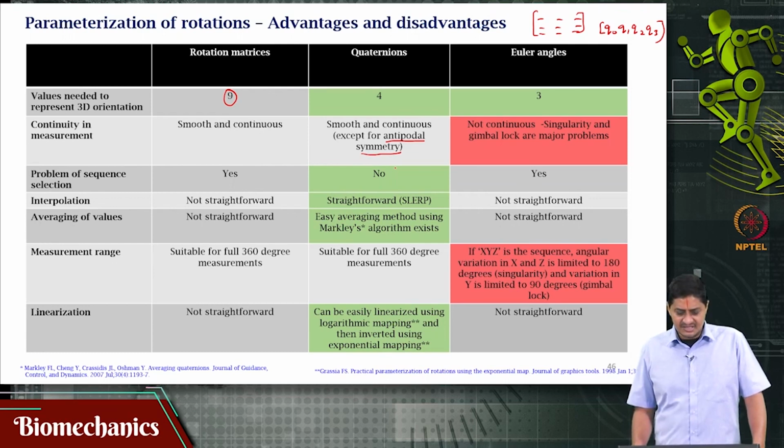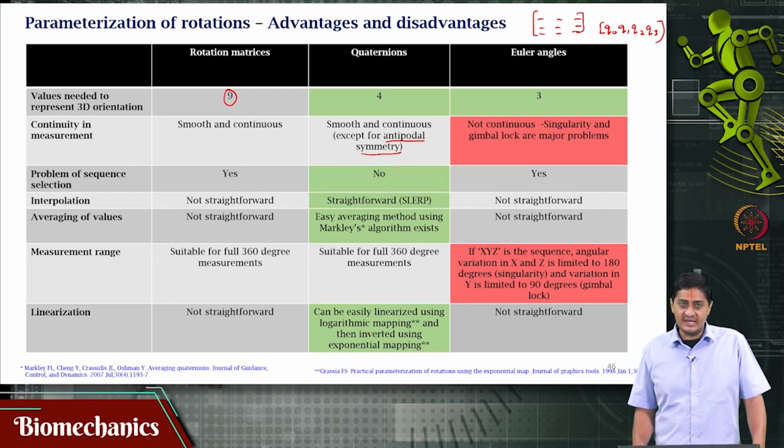Is sequence selection a problem? In rotation matrices, yes. In Euler angles, absolutely yes. You need to know the sequence in which you are measuring. By the way, the choice of the sequence depends on the particular measurement that you want. Again, remember, you cannot measure in any which way you want.